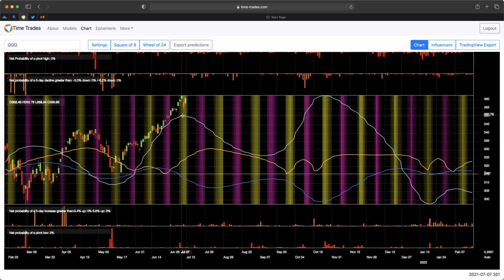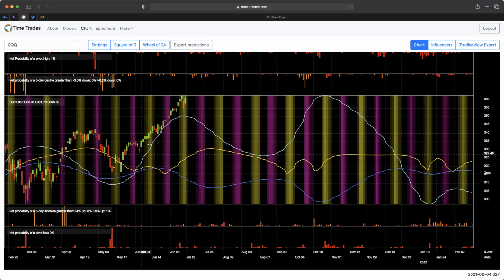I'm just displaying them on a screen, and the unit of measure is not dollars. There's nothing in common with the price scale. The only thing you should look for are changes in direction and crossing the zero line. So we've got a change in direction here.